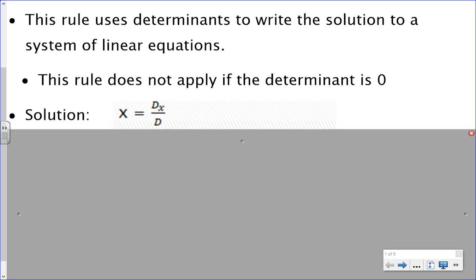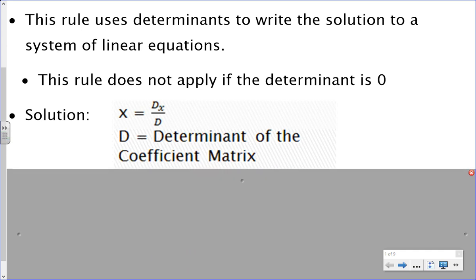Okay, so for each solution, you're going to have a determinant over a determinant. Those D stand for determinant, but one of them has a subscript of x, specifically for when we're solving for x. Remember, if we're solving for y, we're just going to change these to y's. So what do these D's mean?